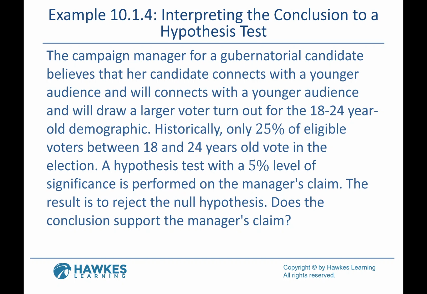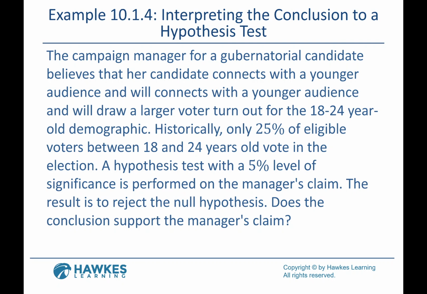In order to get there, we need the hypotheses. We need to know what our two hypotheses would be for this hypothesis test. First we need to pick out the claim that the campaign manager is testing. The campaign manager thinks that they're going to have a larger voter turnout for 18 to 24-year-olds.